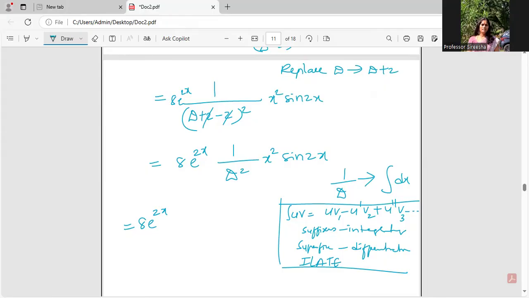So 1 by d would be outside only. First I'll be applying 1 by d, which would give me what? X squared.